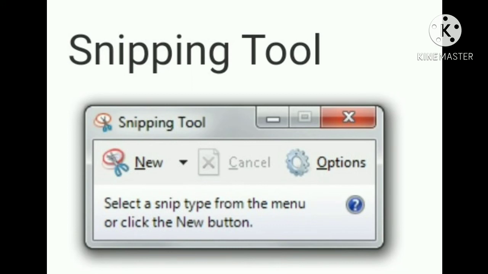The program is a screen capture tool that allows taking screenshots, called snips, of an open window, a rectangular area or a free-form area of the screen. Snips can be annotated using a mouse or a tablet, and saved as an image file, PNG, GIF or JPEG, or an HTML page or email page.